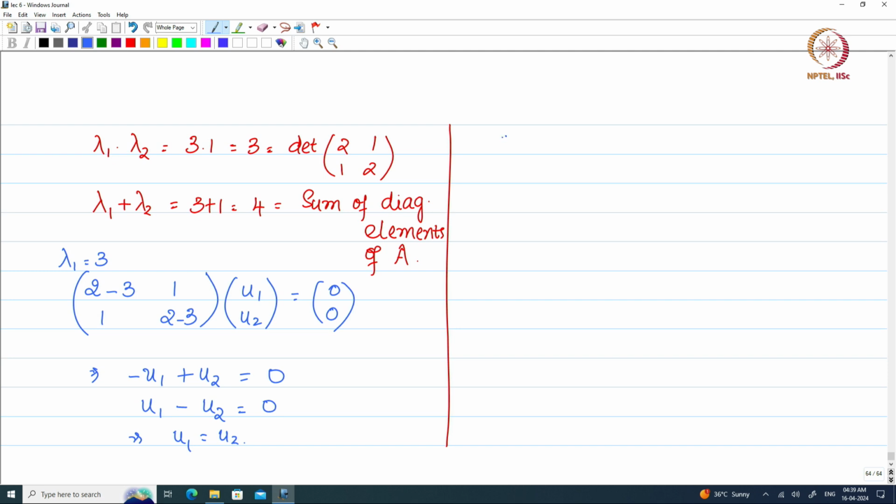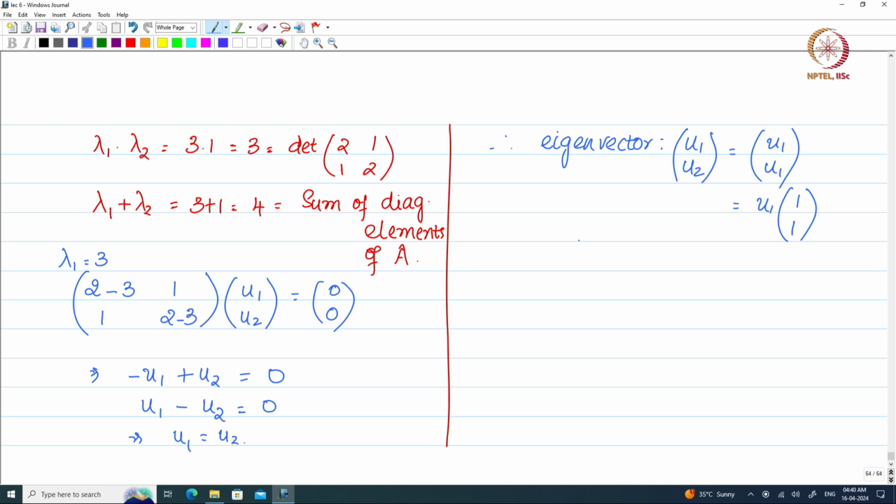So the eigenvector is basically (u1, u2), which, since u1 is equal to u2, I write as (u1, u1), which is u1 into (1, 1). That means you can put any scalar multiple of (1, 1), so (1, 1) is basically the eigenvector that we are going to have, right.